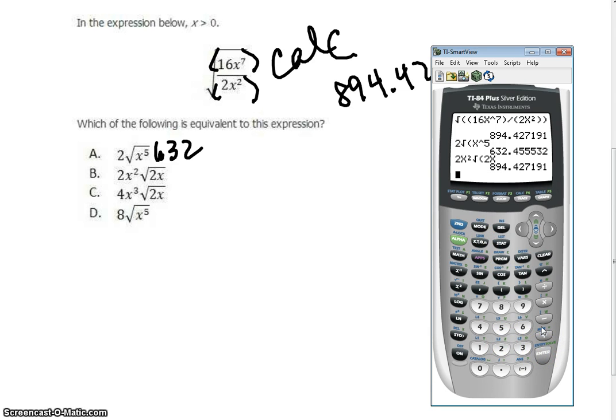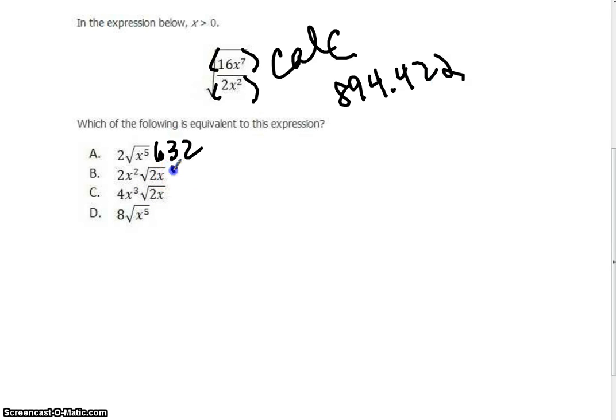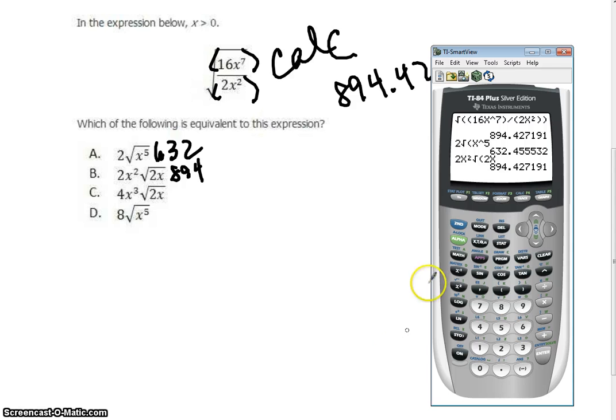And we get 894. Looks like that's probably it, but you're going to need to check the others just in case. 4x root 3, square root of 2x. We get 17,888.